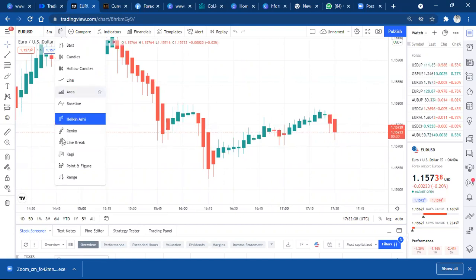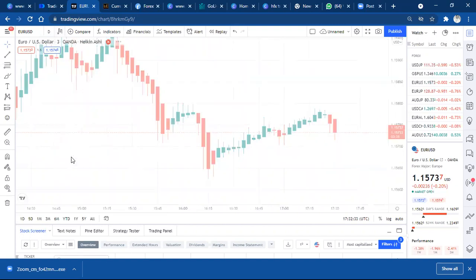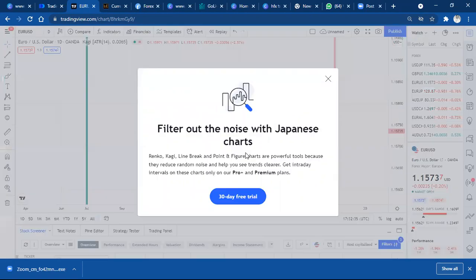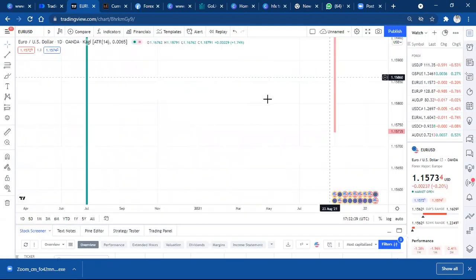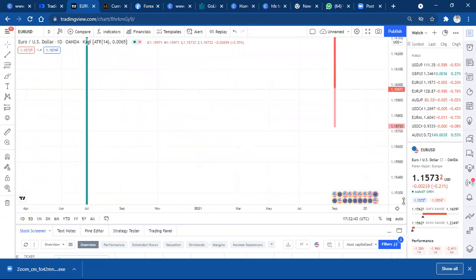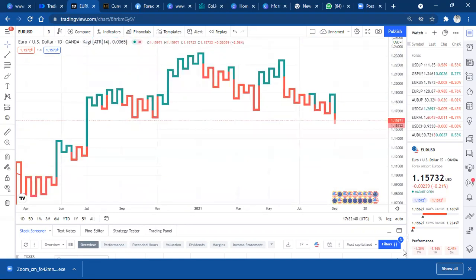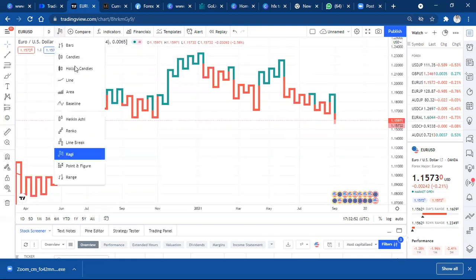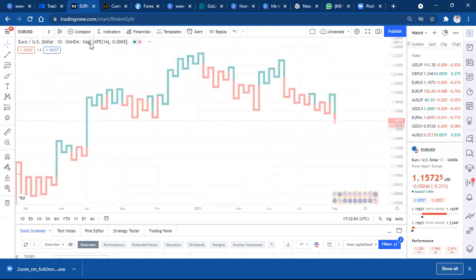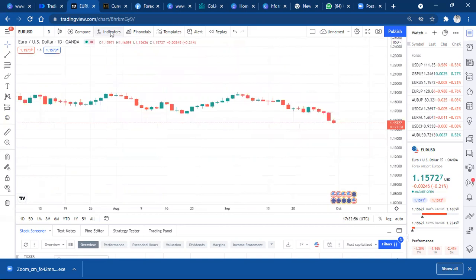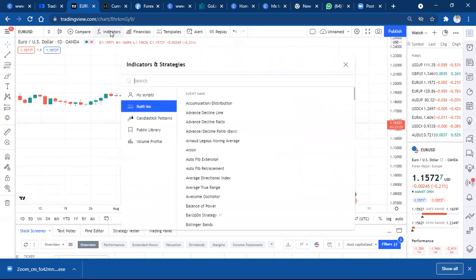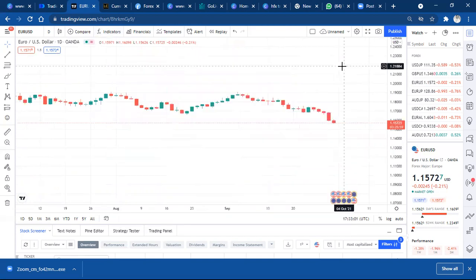You can change it to basically all the options here. Can you see? But basically, we use candles for our analysis. You can find indicators here. I'm going to introduce you to indicators later. Basically, those are the things you need.